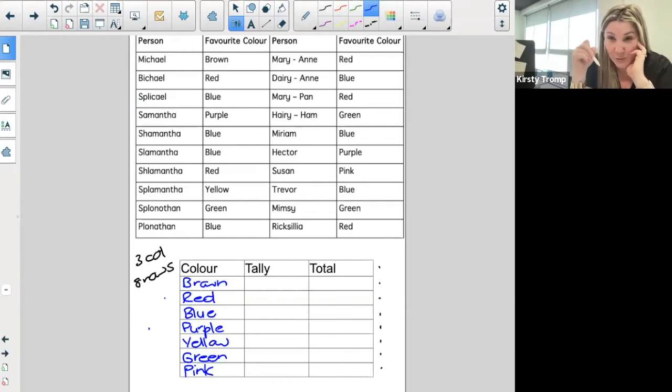So, as we're moving down the list, the first one that I've got is brown. So I'm going to put a tick there, and I'm going to put a mark next to brown. The next one I've got is red. I'm going to put a tick there, and I'll put one next to red.